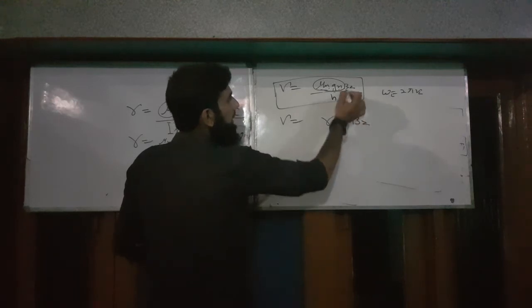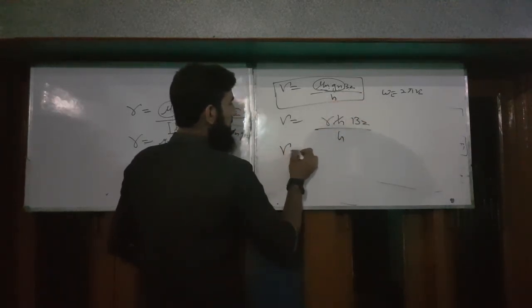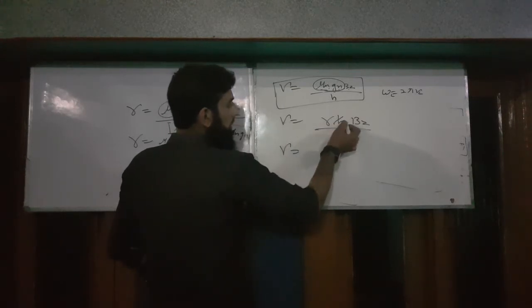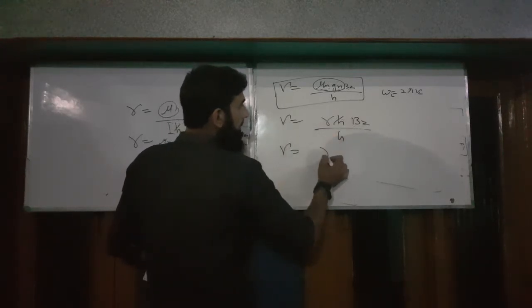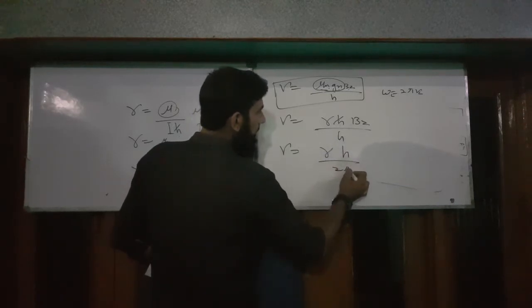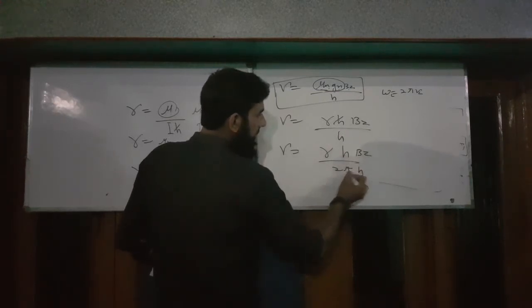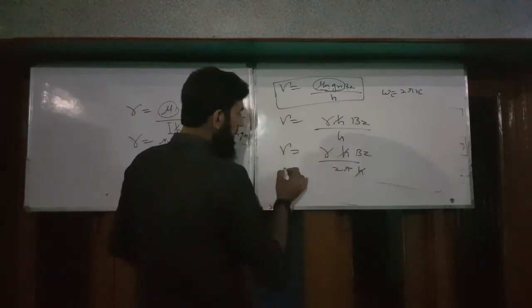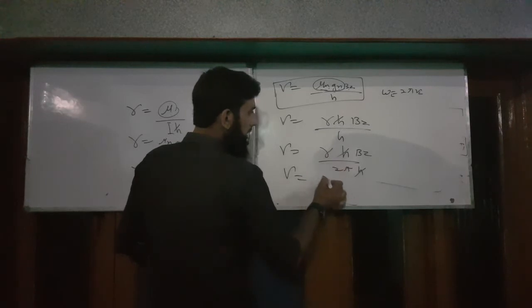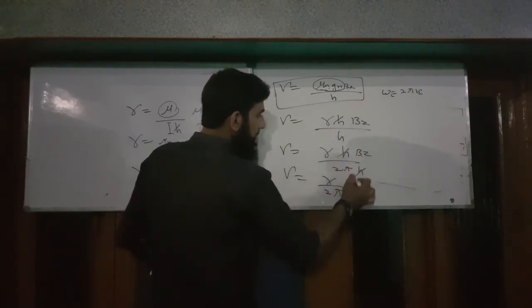We write this nu is equal to, in place of mu n gn, because mu n gn is equal to gamma into h cross, so we write gamma h cross and Bz, divided by h. This nu is equal to gamma, and this h cross is actually h divided by 2 pi, into Bz divided by h. This h and h will cancel, and nu is equal to gamma divided by 2 pi into Bz.